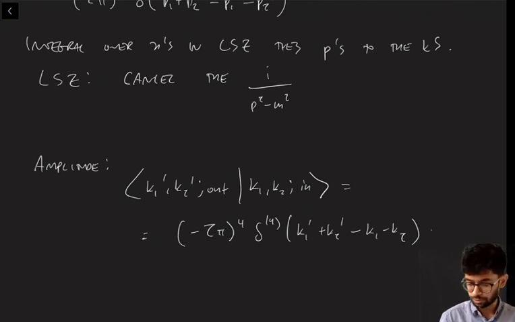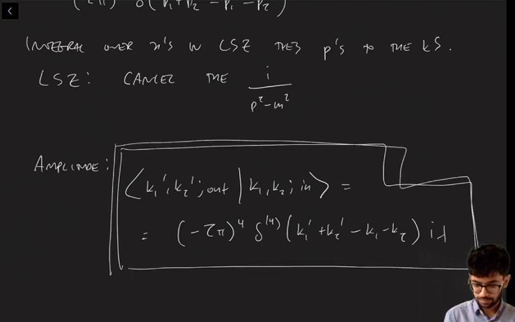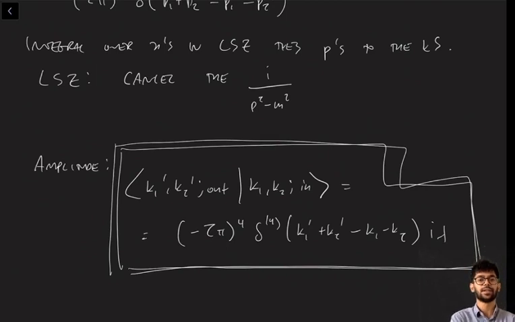And finally, there's a crucial factor of i lambda. Okay, so this is the final answer for the amplitude.